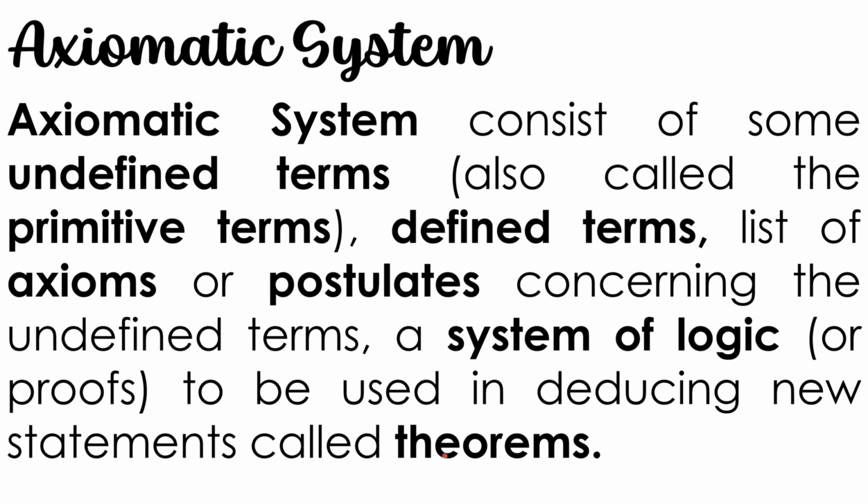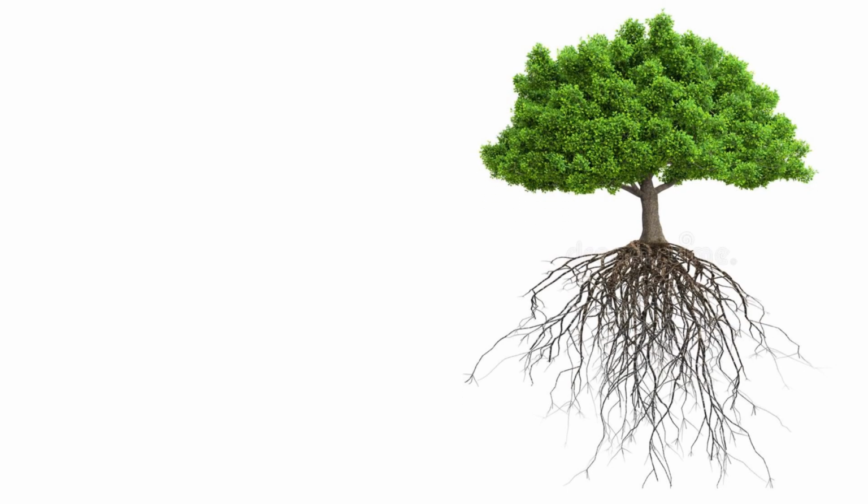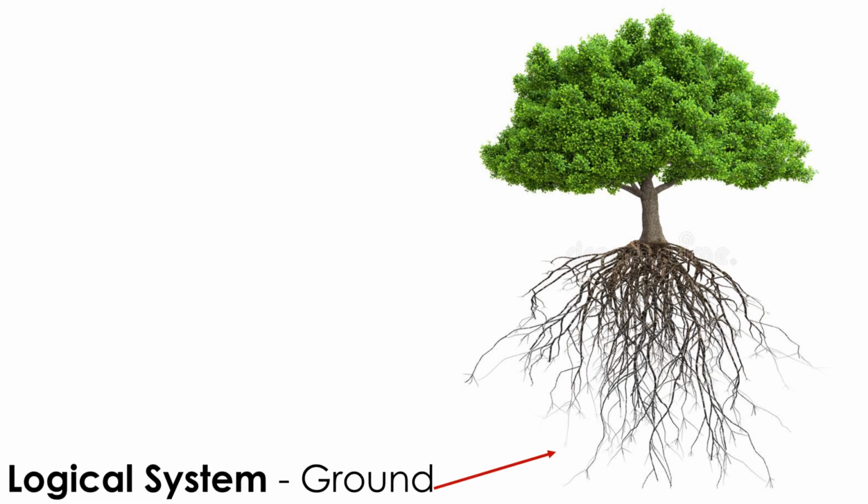The axiomatic system, or the axiomatic structure of a mathematical system, can be compared to a tree. The ground is not part of the tree, but it is necessary for the tree to be planted and to grow.